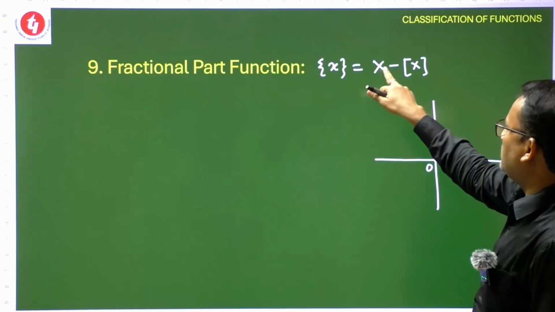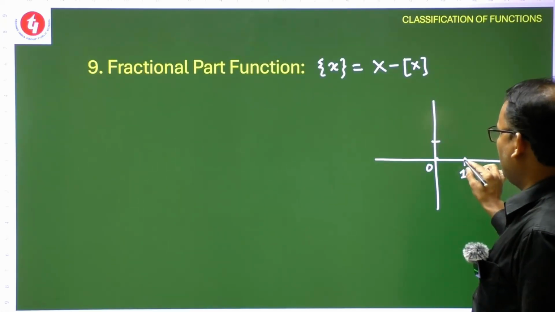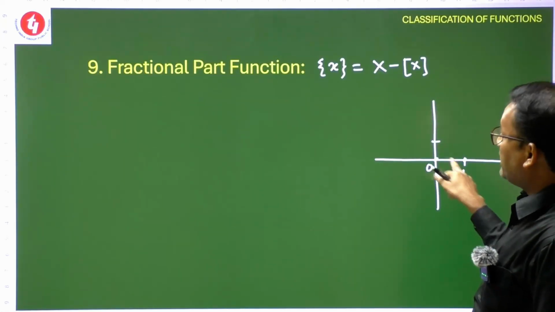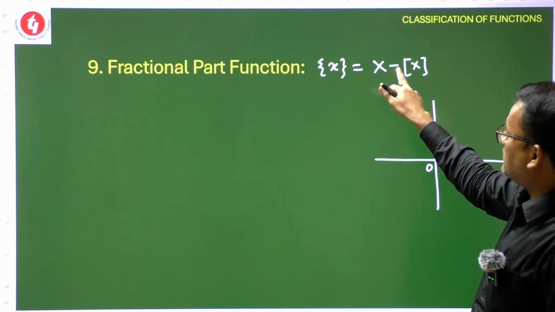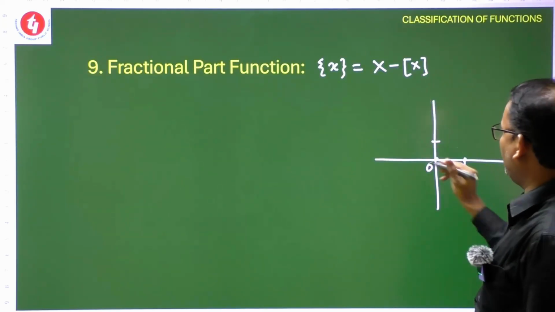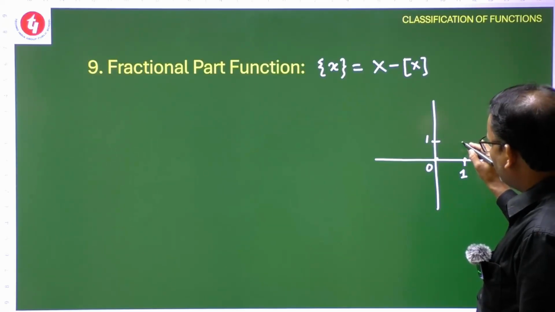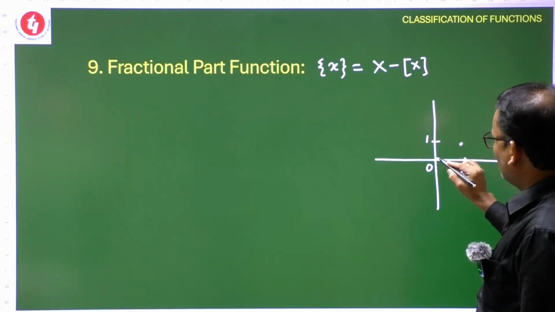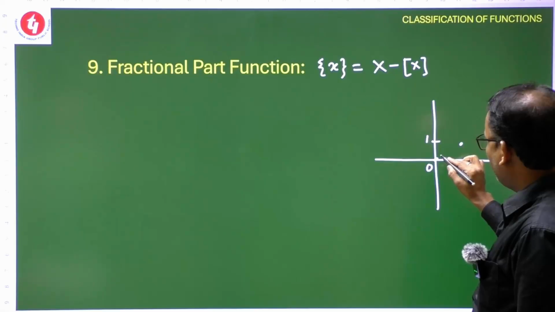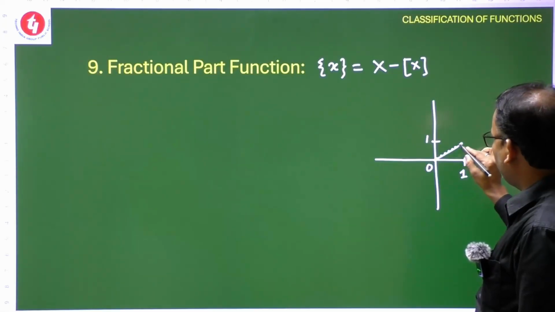If you take 1, it will be 1 minus 1, again 0. If you take 0.9, then 0.9 minus box of 0.9 is 0.9, that means you are here, just less than 1. So every point you take, you get a point, and when you join them, you will get this.